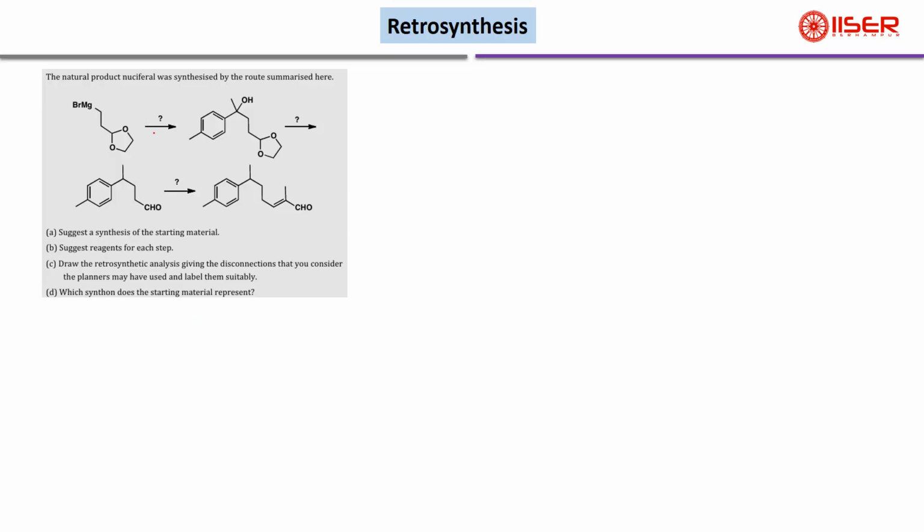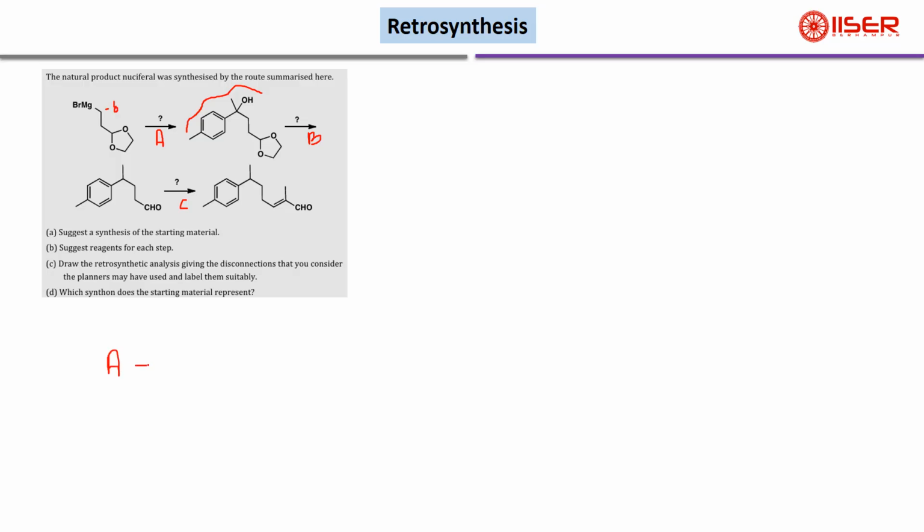So in the first step, there is a negative charge here because of the Grignard compound. So this part has been incorporated. Okay, so I'm just mentioning them as A, B, C. So what will be our A?